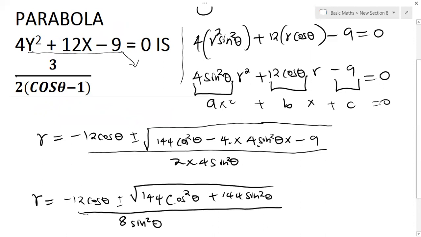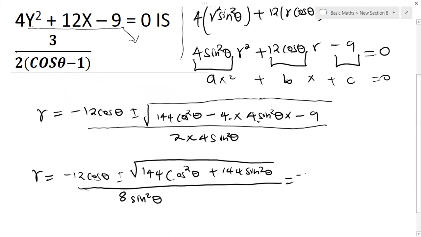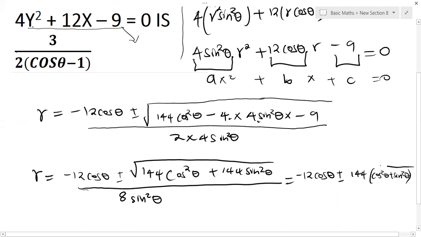So this gives minus 12 cos theta plus or minus, so opening the bracket there, factor out 144, then we'll have cos squared theta plus sine squared theta. This is an identity which gives us 1. So all this divided by 8 sine squared theta.